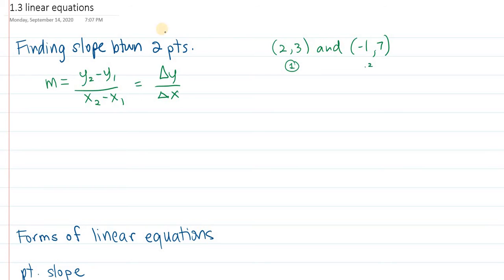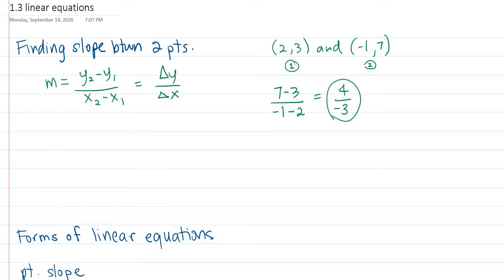I'm going to call this point 2, but again, it doesn't matter. I would do 7 minus 3 over -1 minus 2, and I would end up getting 4 over -3, so that is my slope, negative 4/3.